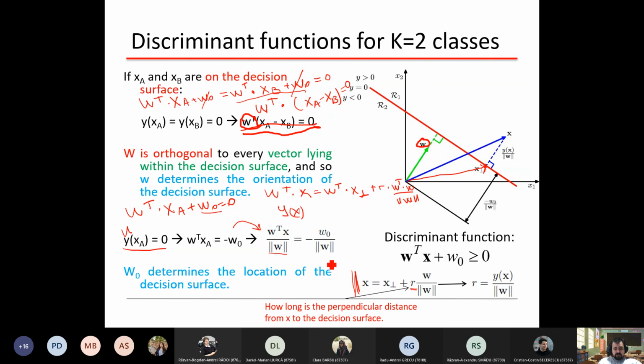Do you agree with that? So add w0 to this term, w transposed multiplied by x, we will get y of x.